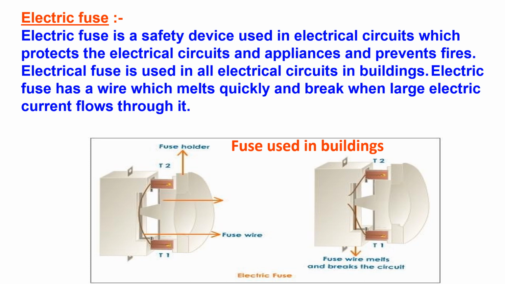It is used in electrical circuits in buildings. An electric fuse has a wire which melts quickly and breaks when a large electric current flows through it. You can see through the picture the important role of the fuse in our household or building.